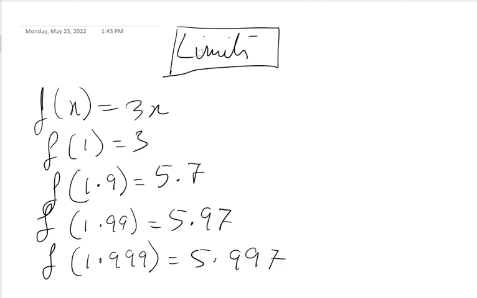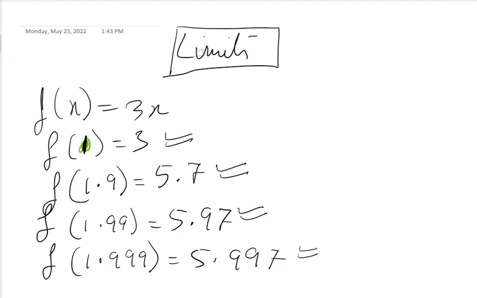Can you see what is happening? Let me just highlight and show you. When I'm putting 1, I'm getting 3. When I'm putting 1.9, I'm getting 5.7. When I'm putting 1.99, I'm getting 5.97. When I'm putting 1.999, I'm getting 5.997.